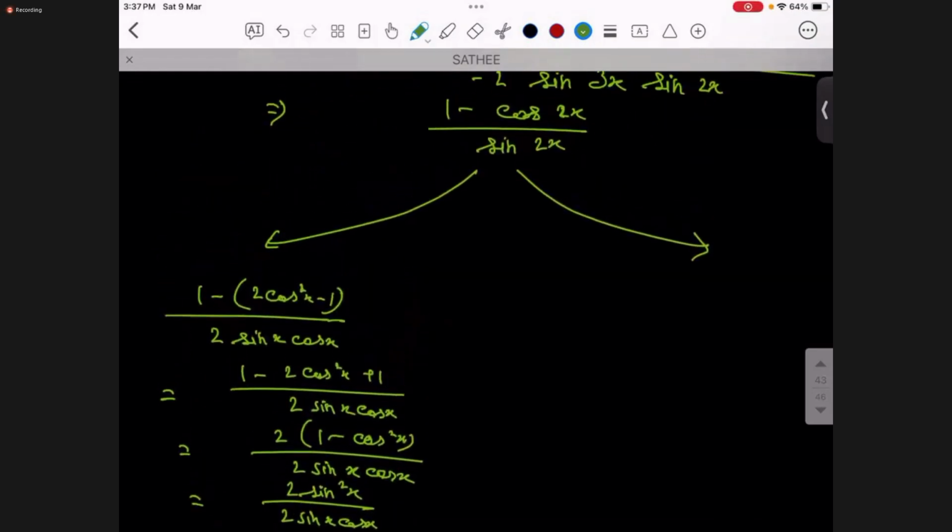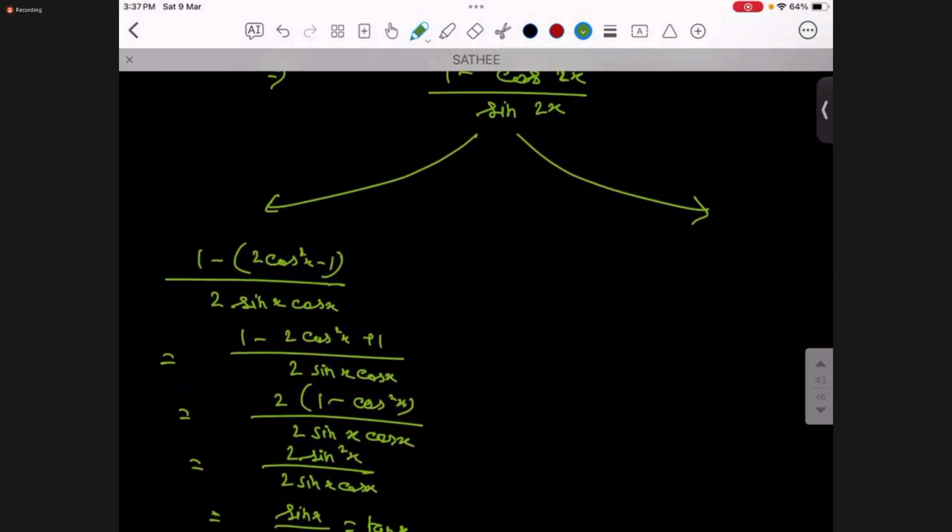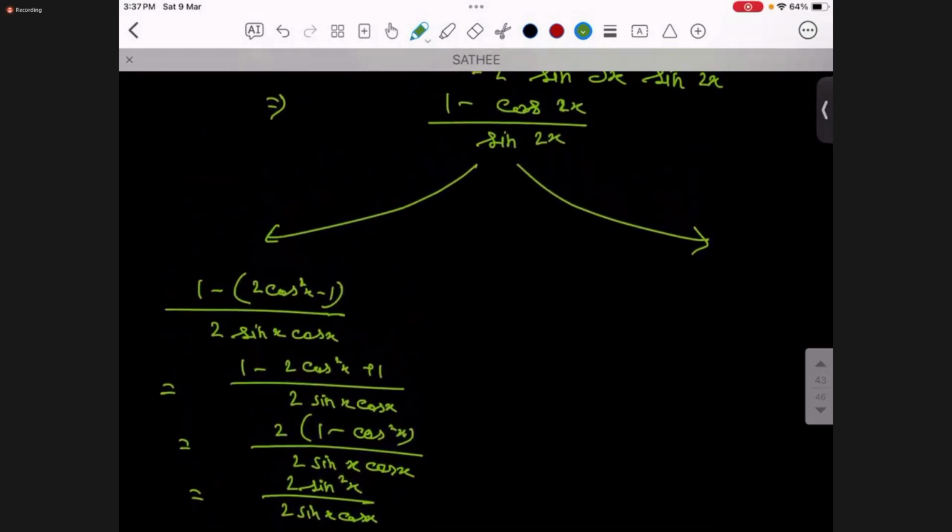Now if we apply the other formula for cos 2x, that is, if we apply the formula 1 minus 2 sin square x, which is divided by 2 sin x cos x, how do we obtain?